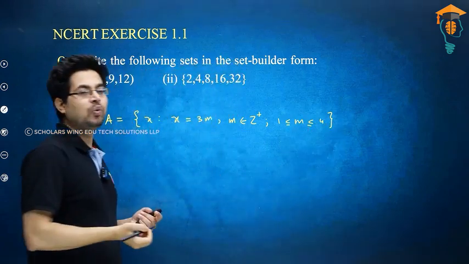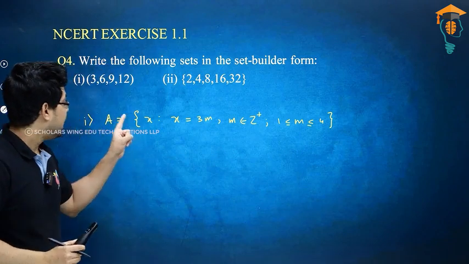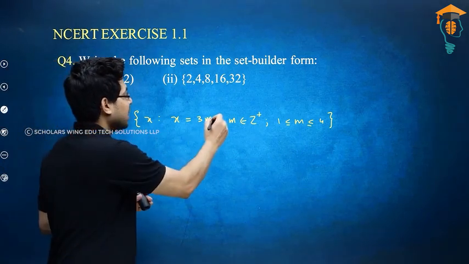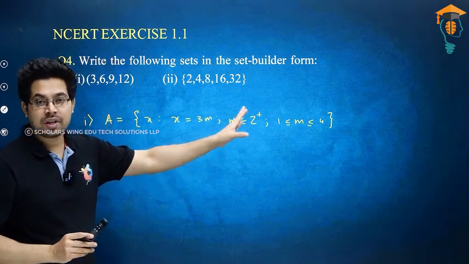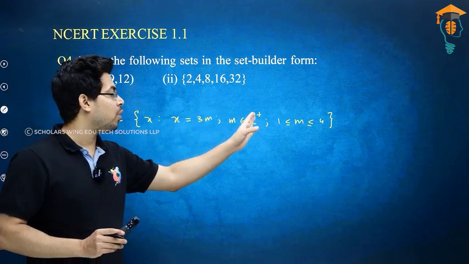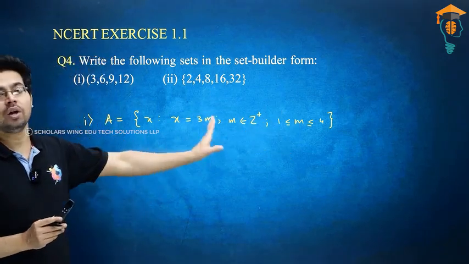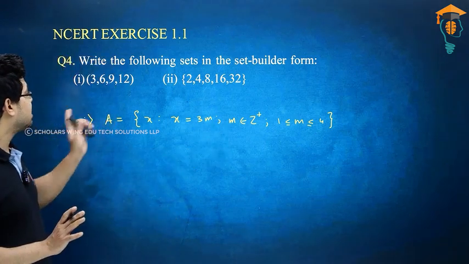Or I will tell you one more thing. You can write this in words also. A is equal to X, X is equal to 3M, and M belongs to positive integers starting from 1 and going up till 4. This way you can also write and still you will get full marks. Getting it? So this is set A.